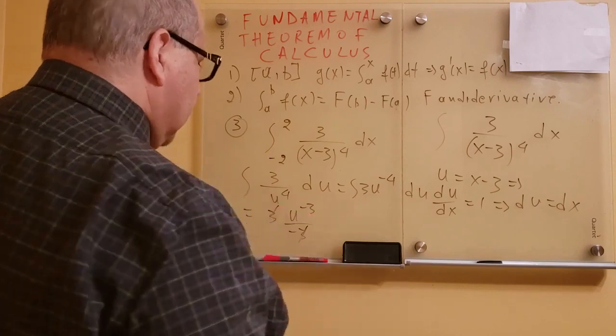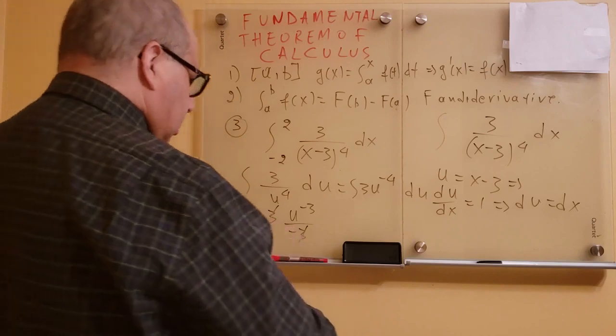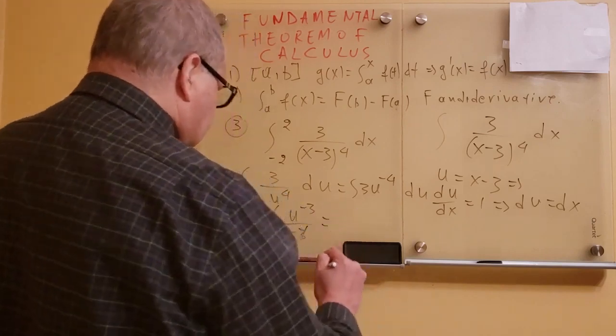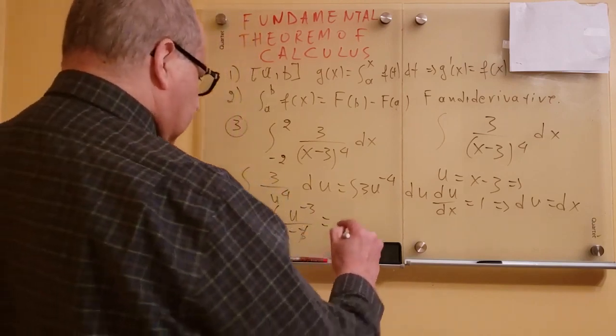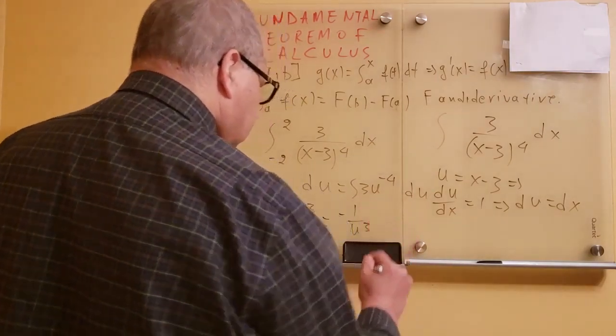That cancels with this. And now this here, of course, we can write as minus 1 over u to the third.